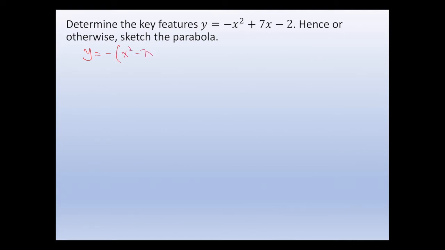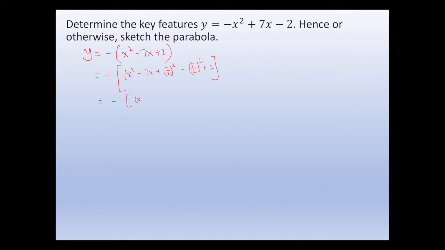We know that y equals minus, put a bracket, x squared minus 7x plus 2, taking the negative 1 out. Therefore, factorizing by completing the square, this is x squared minus 7x plus (7 over 2) squared minus (7 over 2) squared plus 2.